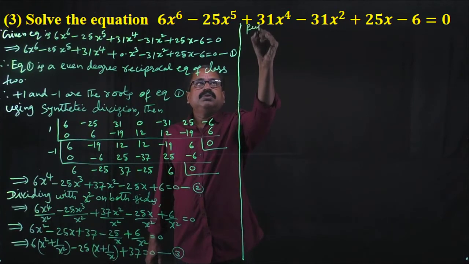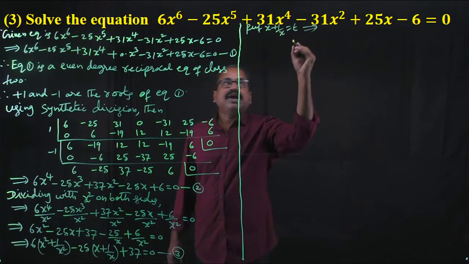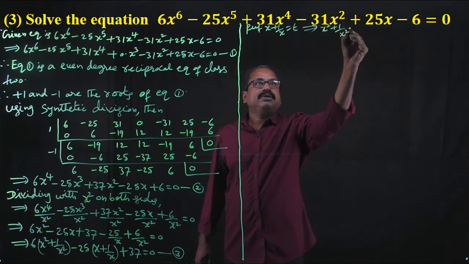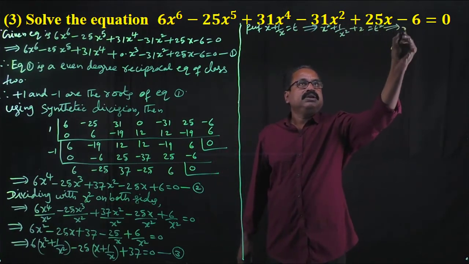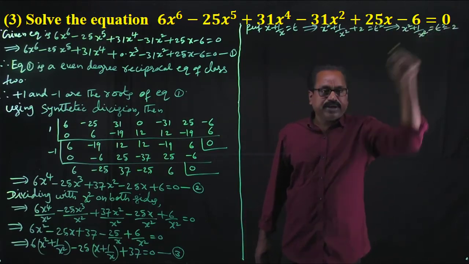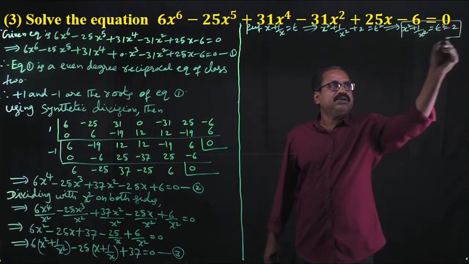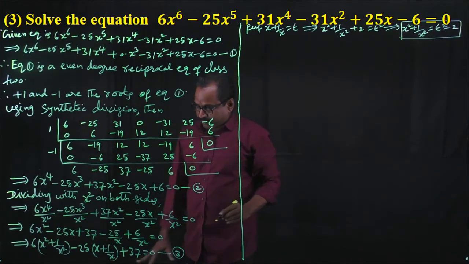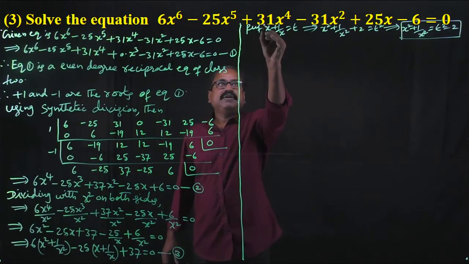Put x plus 1 by x is equal to t. Now squaring on both sides, x square plus 1 by x square plus 2 is equal to t square. So this implies x square plus 1 by x square is equal to t square minus 2, and x plus 1 by x is t.